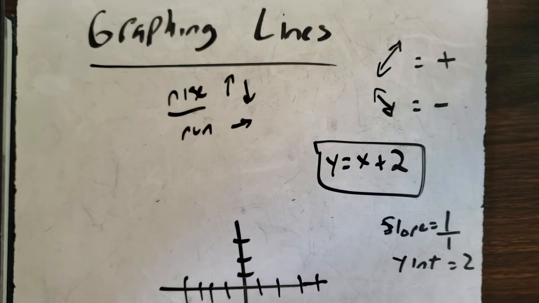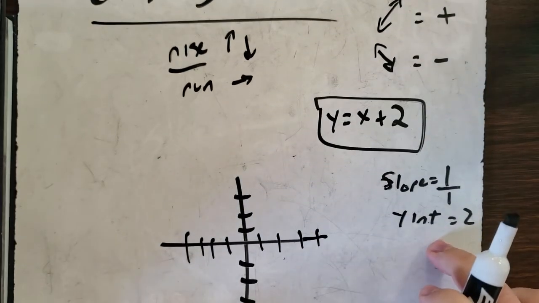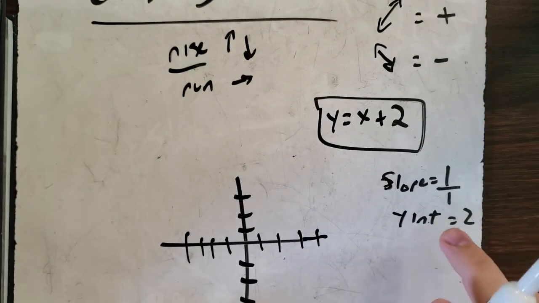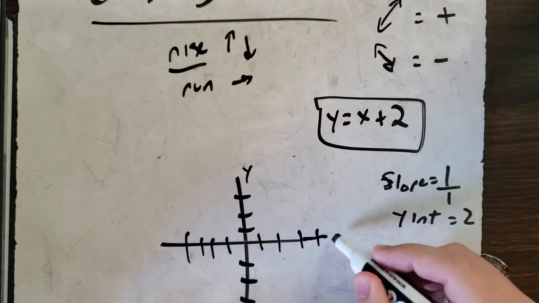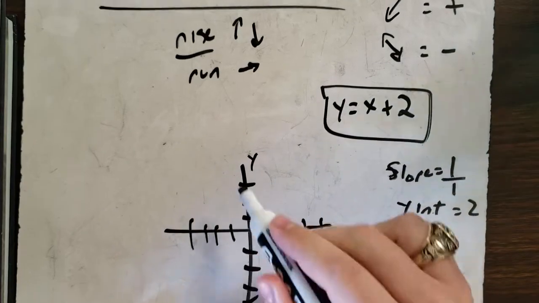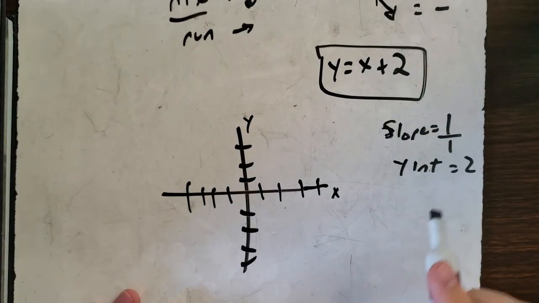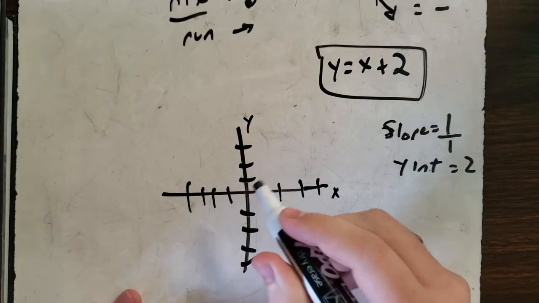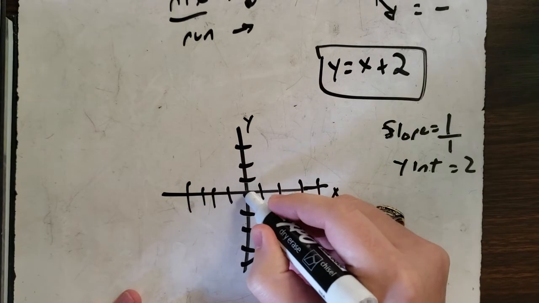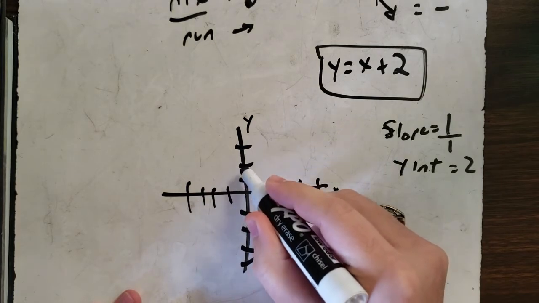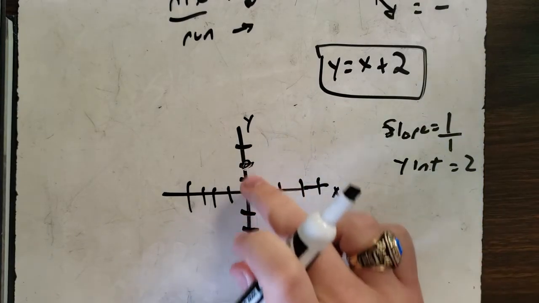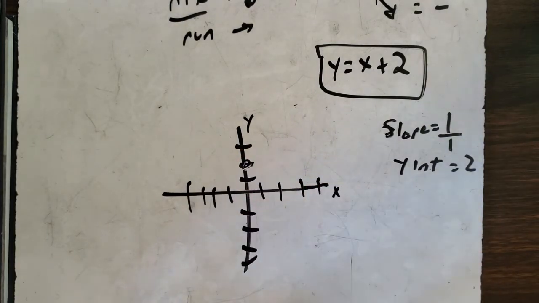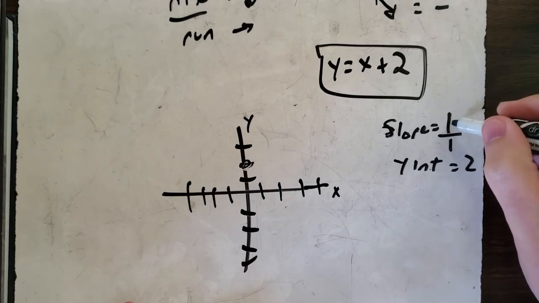But the first thing you do, look at your y-intercept. It's 2. This is where your line crosses the y-axis. Now remember, our y-axis is our up and down line. So if our y-intercept is 2, we put a point on 2. We count from our origin, we count up 1, 2. That's our first point. Now our slope, 1 over 1.